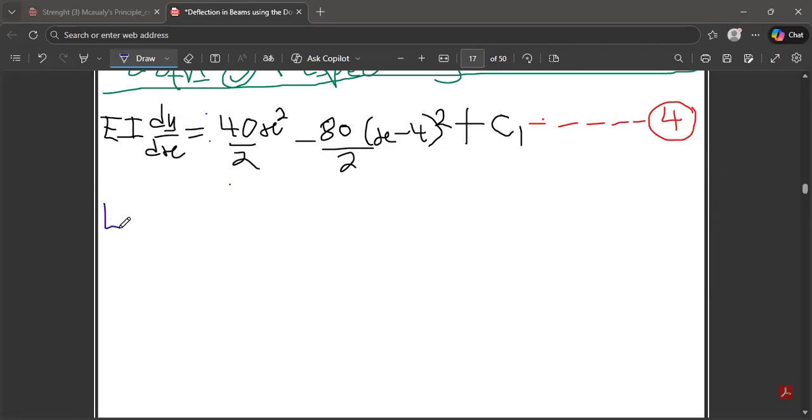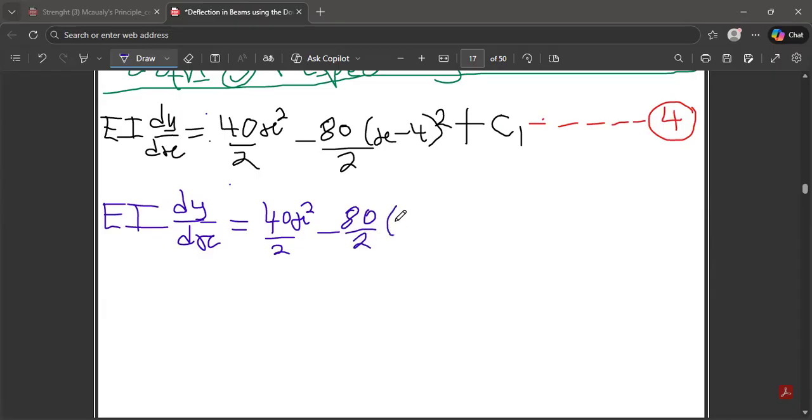I'm going to write EI dy/dx is equal to 40x squared all over 2, minus 80 divided by 2, bracket open, x minus 4 all squared, plus the C1.